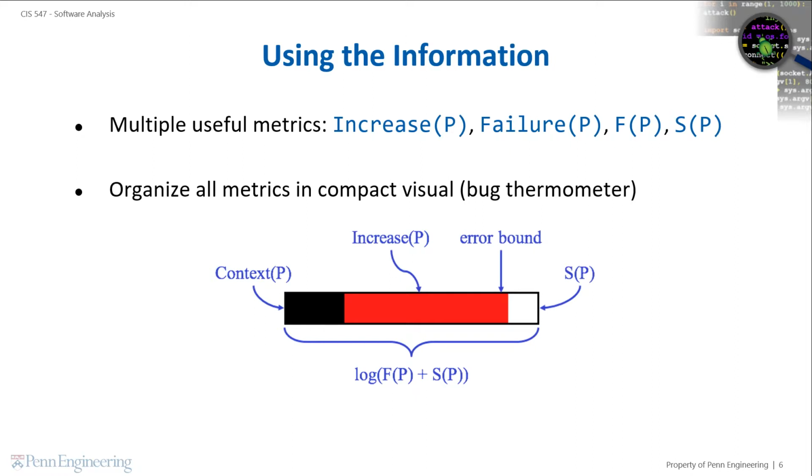The red band represents the increase score of the predicate. More specifically, the lower bound of the increase score with 95% confidence. The pink region represents the size of the confidence interval. And the white band at the right end of the thermometer represents the number of successful runs in which the predicate was observed to be true.